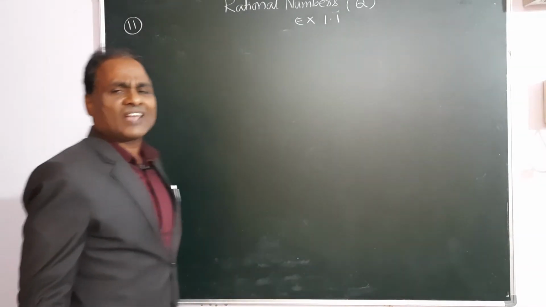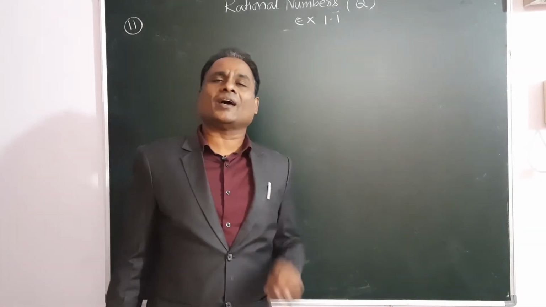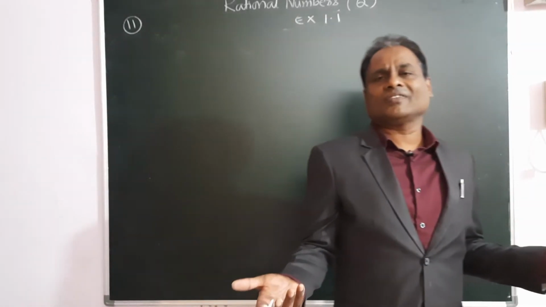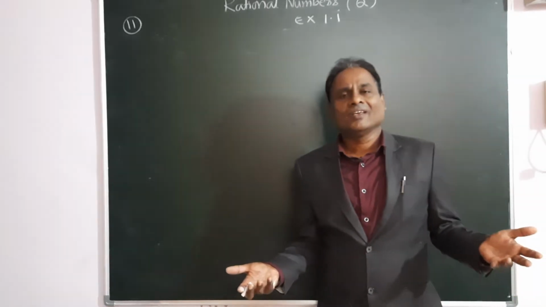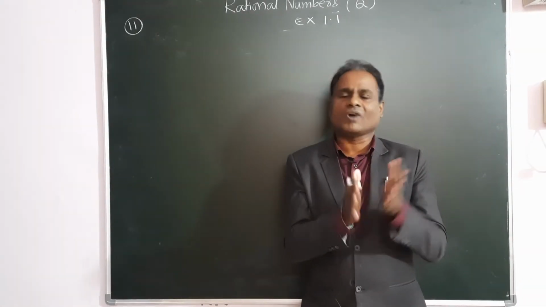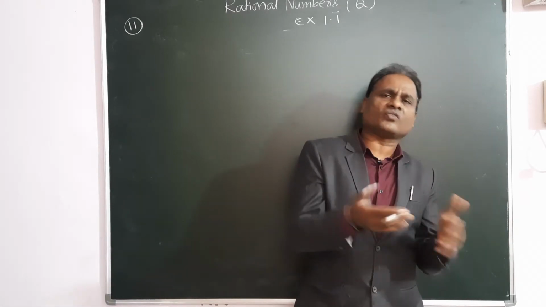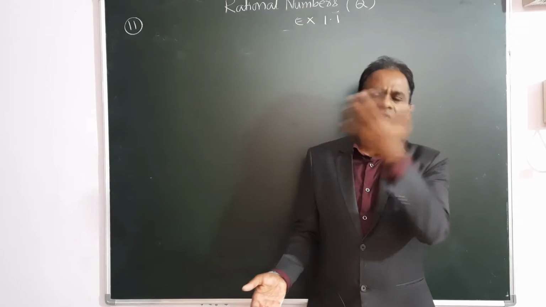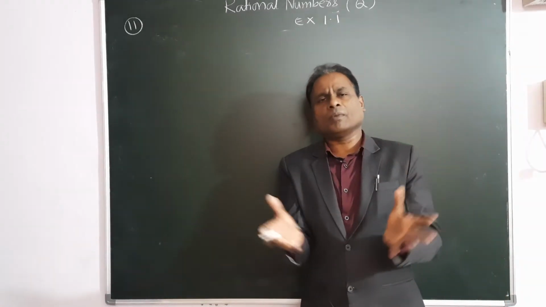So to verify associative property, we need 3 numbers. Take any 3 numbers. Any 3 numbers means rational numbers, means all the numbers you know till now are rational numbers: 1, 2, 3, 0, minus 1, minus 2, 1 by 2, 3 by 2, 5 by 2, 6 by 7, 1 by 100. All these numbers are rational numbers.